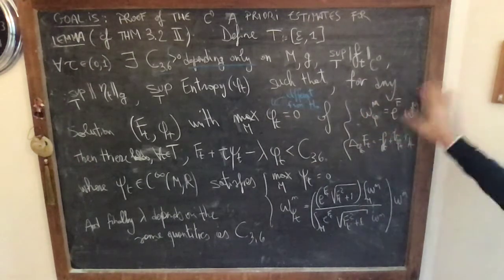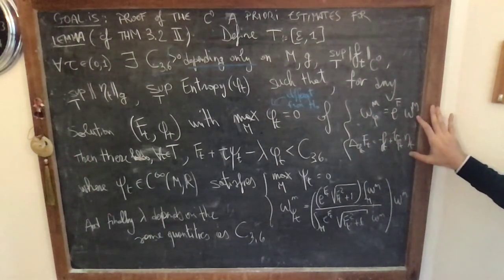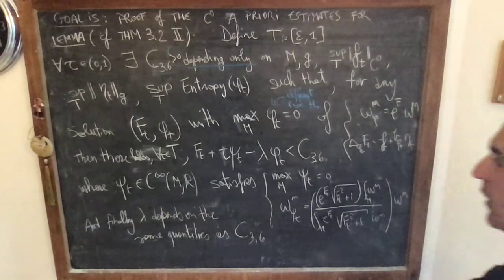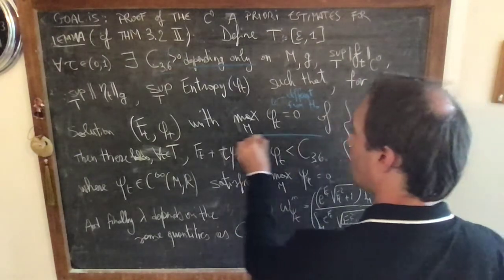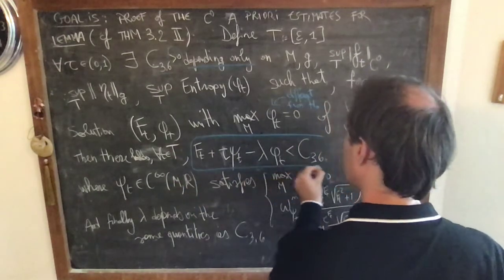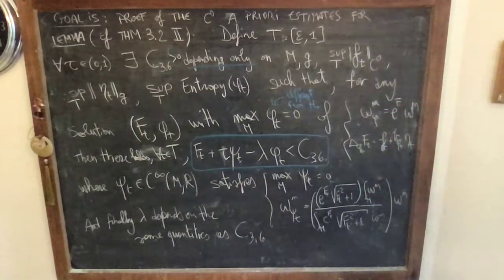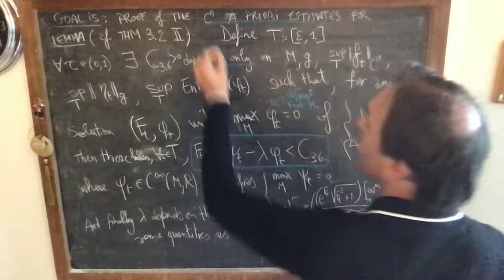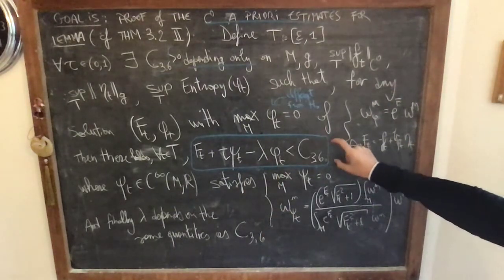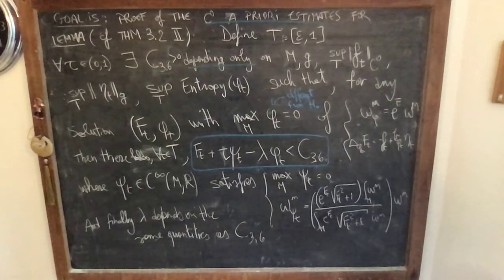This is the system, which is just the translation of the continuity path. Okay, and this is the main inequality we get from this lemma, and the C0 estimates will come from this inequality.